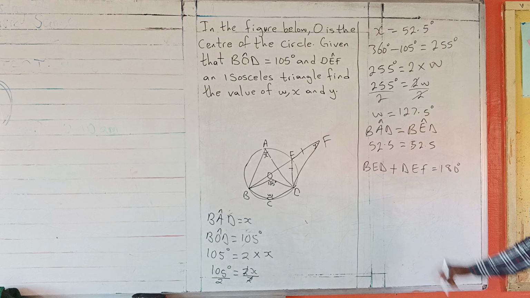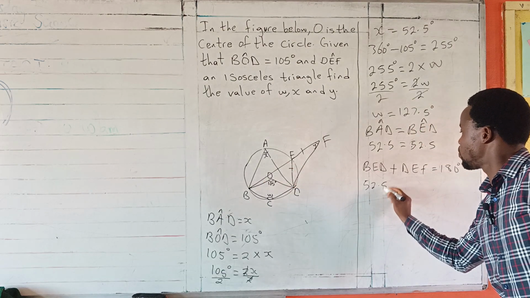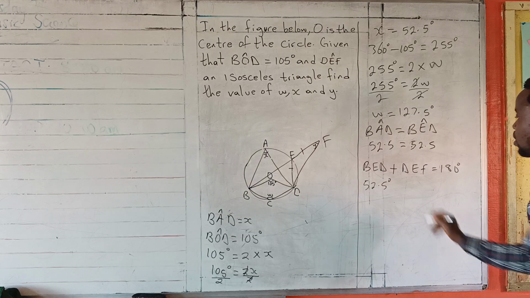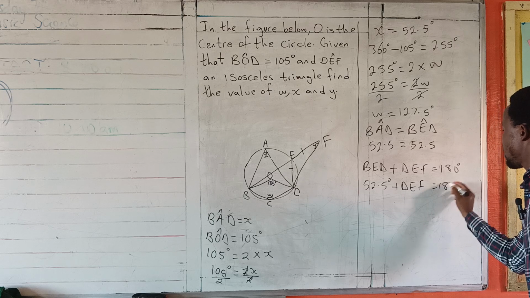So putting BED as 52.5 degrees, 52.5 plus DEF equals 180 degrees.